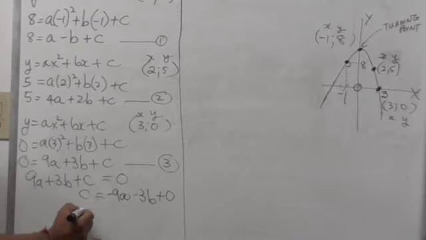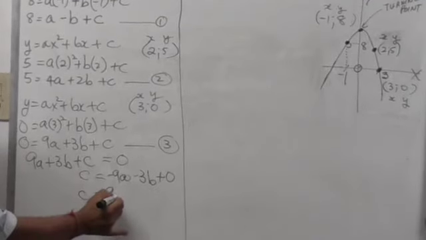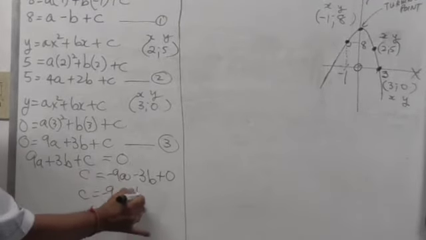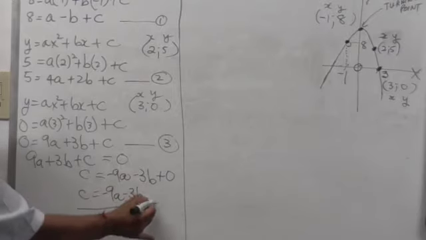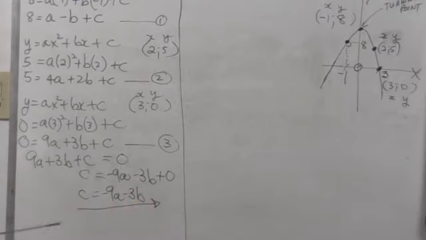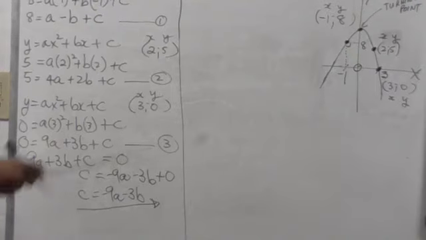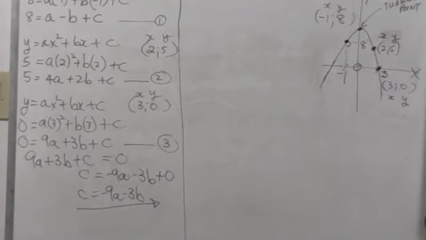Well, that gives you finally minus 9a minus 3b. So we have a value for c. Now we can take this and put it in these two and then solve for a and b. Well, that's what we're going to do now. So I'm going to erase the diagram now.